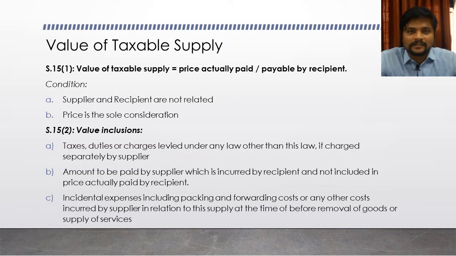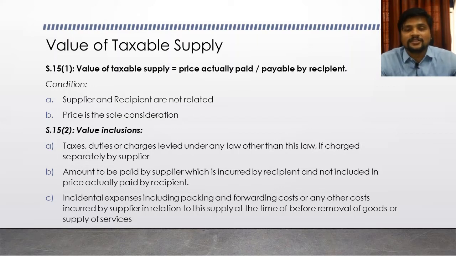Subsection 2 covers the other items to be included in the valuation, whether not charged, separately charged, or has to be charged. Whatever the scenario may be, these are the items to be included over and above the price actually charged by the supplier.